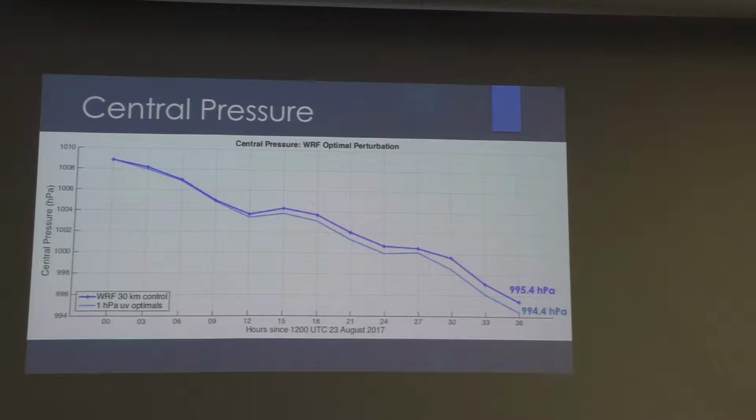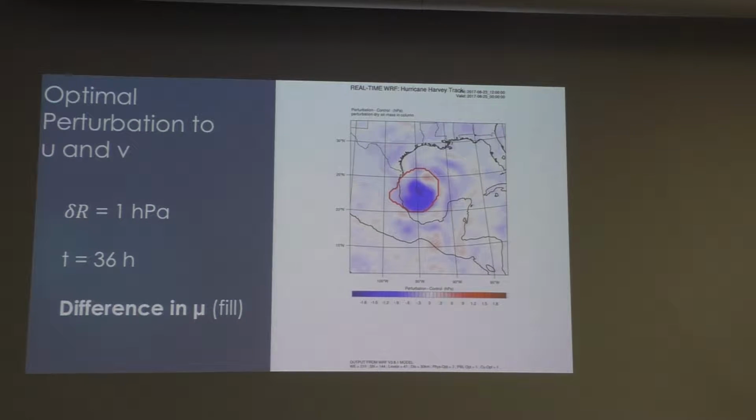Looking again at the central pressure, and now looking at the control versus the perturbed run, we do see in fact that we get exactly this 1 hectopascal decrease in the final central pressure. However, this alone is not sufficient to say that it worked. That's kind of a happy accident. A better way to quantify whether or not the perturbations evolve linearly is by looking at the difference in your response functions.